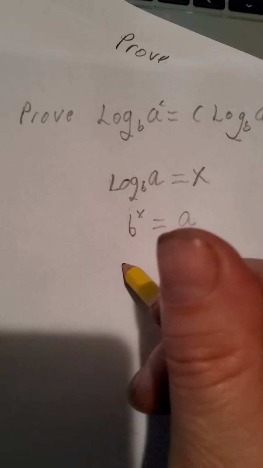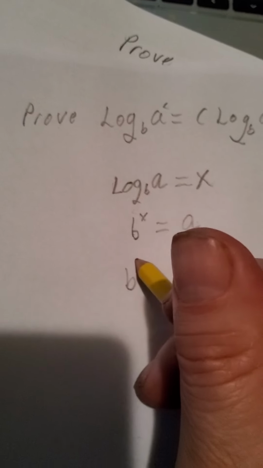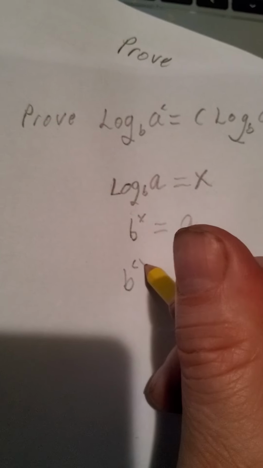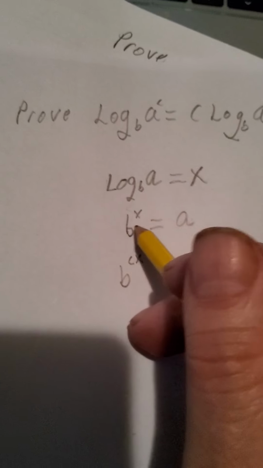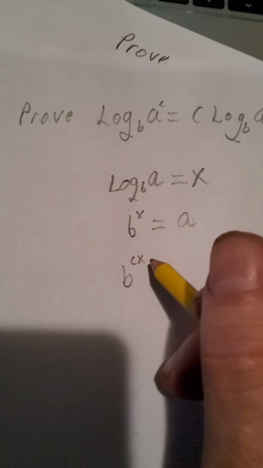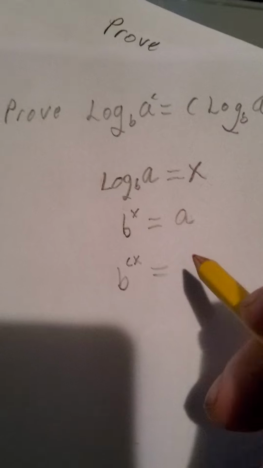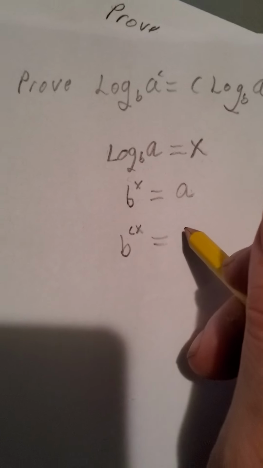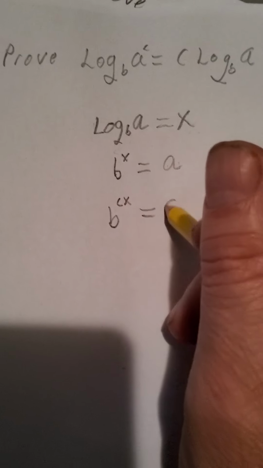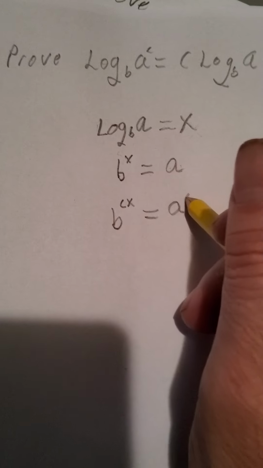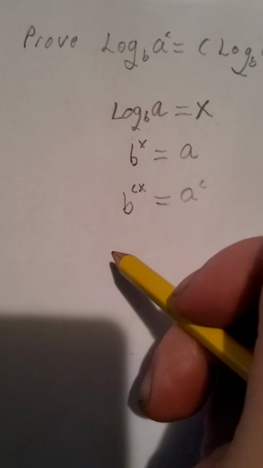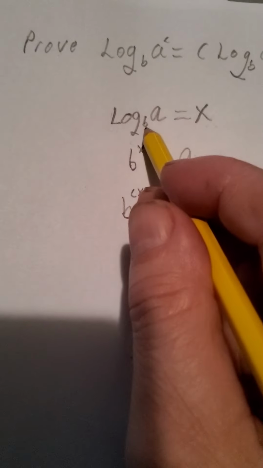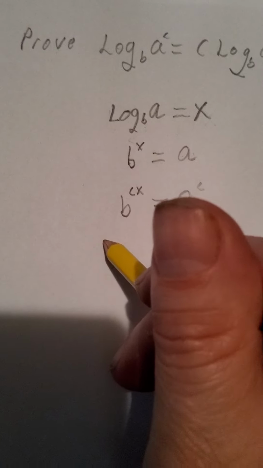Okay, I get b to the, I'm going to write as cx, because I'm raising a power to a power, so you multiply exponents. And whatever you do to one side of an equation, you have to do the exact same thing to the other. So I get a to the c, right? So now I'm going to take the logarithm base b of both sides.